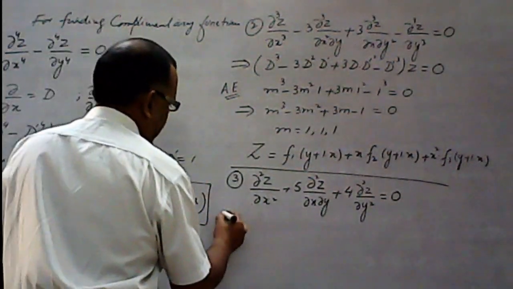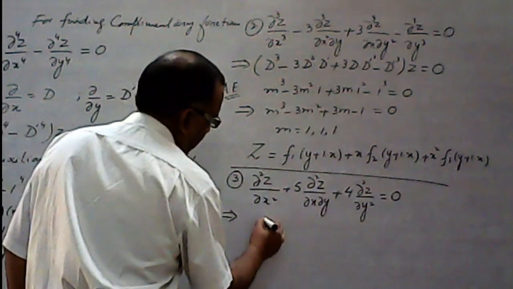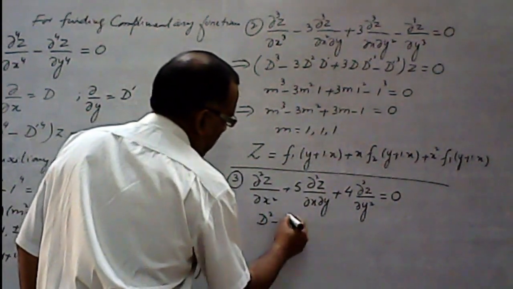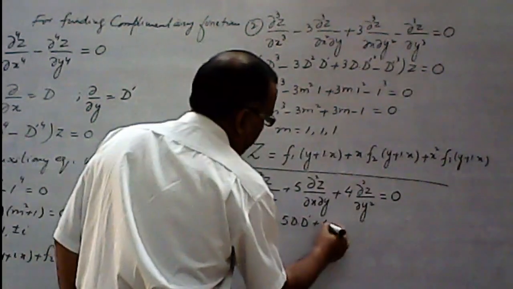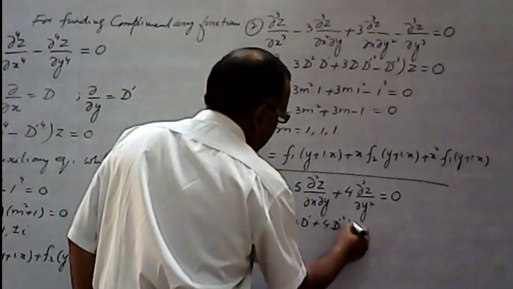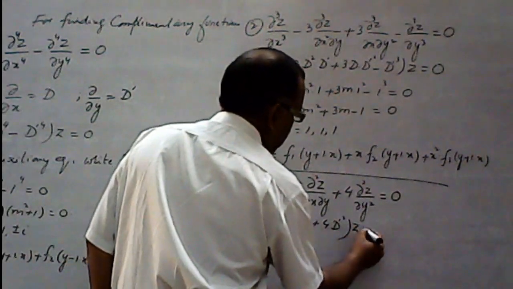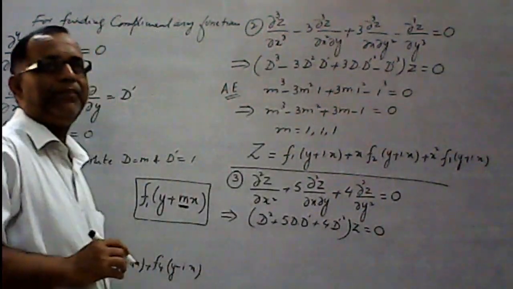So again, writing first in operator D form, that is (D square plus 5D D dash plus 4D dash square) z equal to 0.